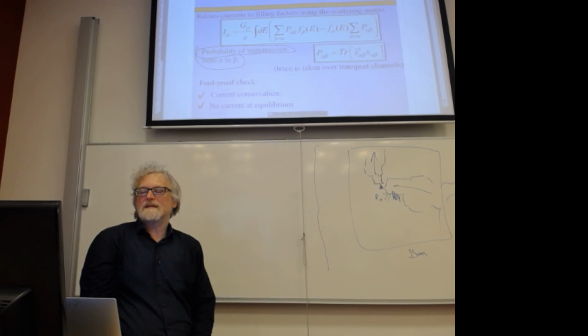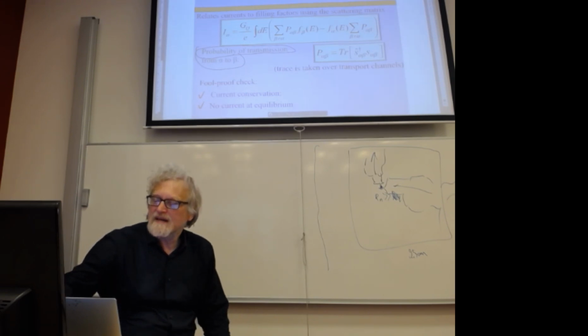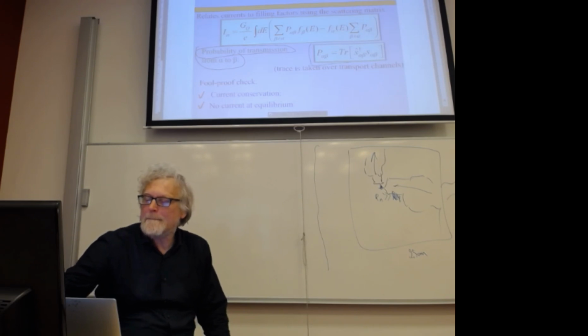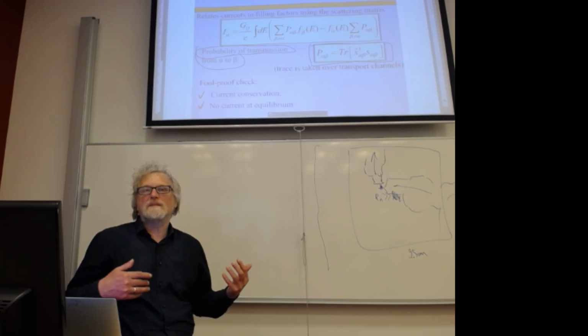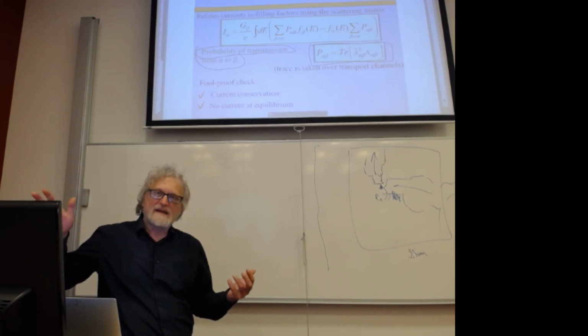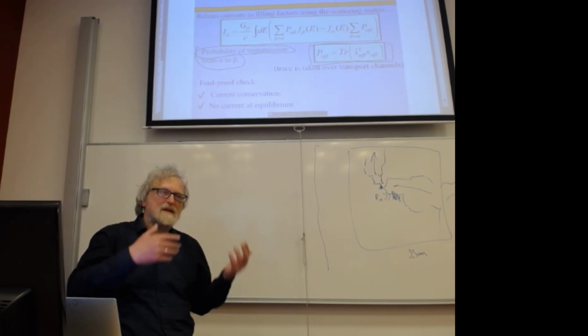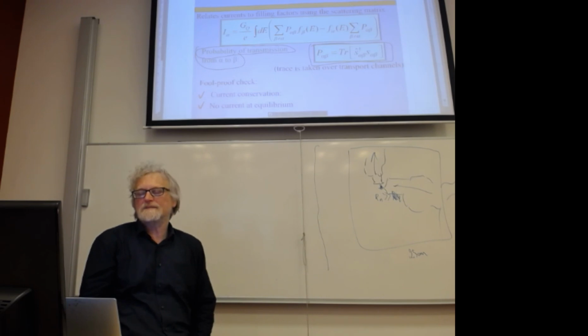Here, we can have more. So we sum up probabilities to come in any channel from any channel in terminal beta and go to any channel in terminal alpha.